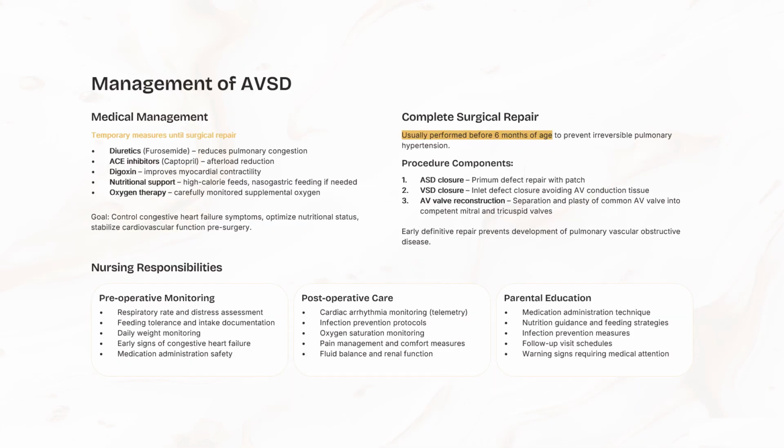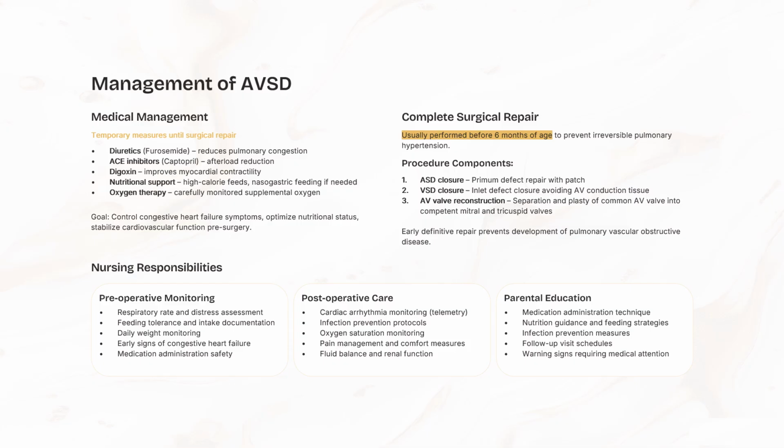Then management. Medical management: diuretics, I mean furosemide, and ACE inhibitors like captopril can be administered. This will reduce the afterload, and digoxin should be given if myocardial contractility is not proper, to improve the myocardial contractility. Nutritional support: definitely they need proper calories.